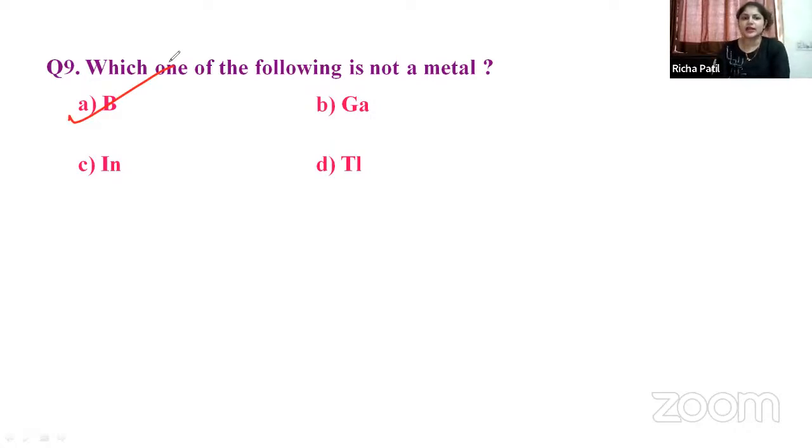What happens to metallic character as you go down the group? Non-metallic character goes on decreasing, right? As you go down the group, as atomic radius increases, the metallic character increases. Hence gallium, indium, thallium are the metals, while boron is a non-metal. Okay, so we'll go for the next one.